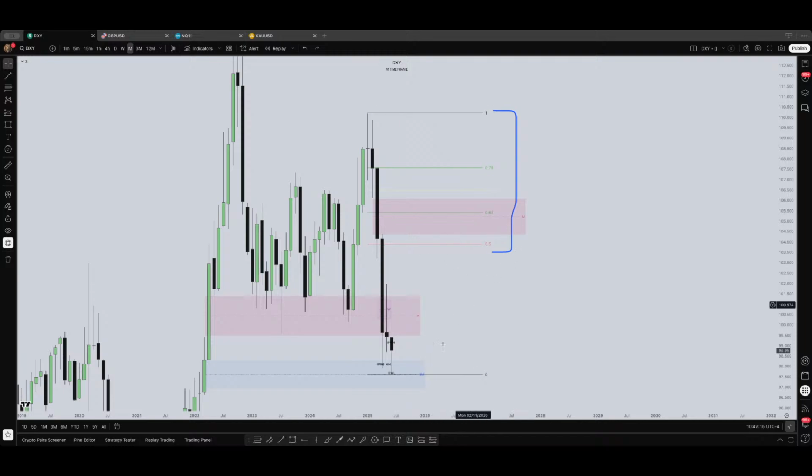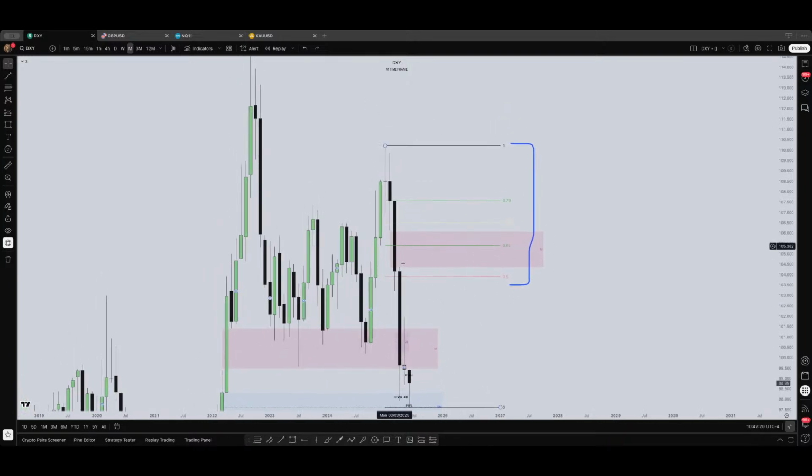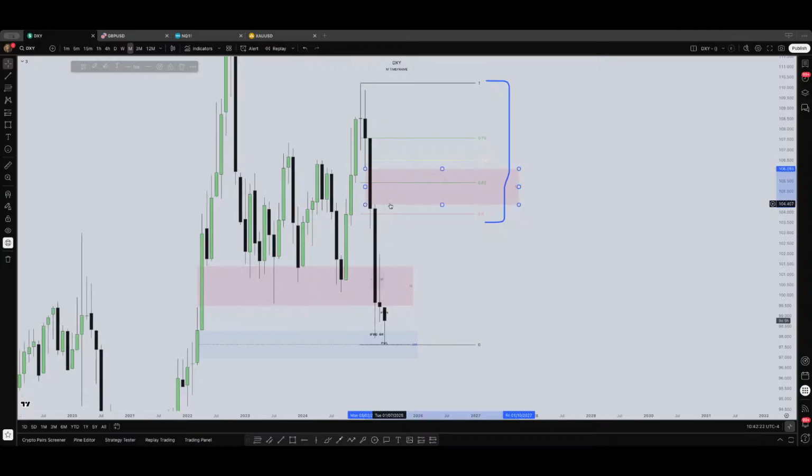Okay, so yeah, we have a lot. Also here of course we have another imbalance, but we can expect price to retrace, because it's not always to the moon or to the hell or whatever metaphor you want to say, but price won't always go down. You have to retrace.